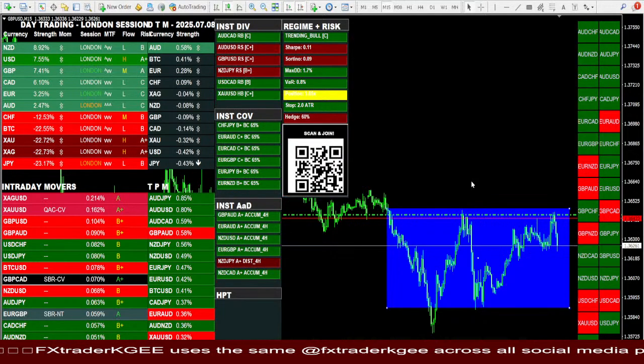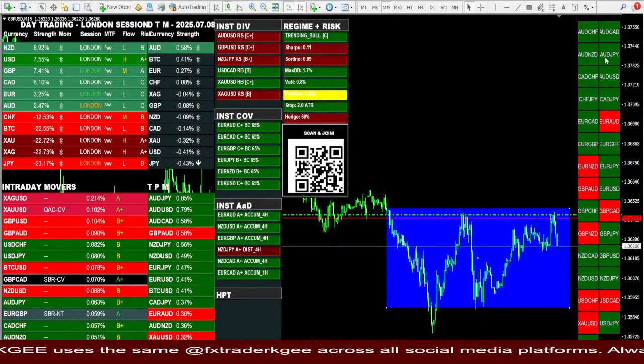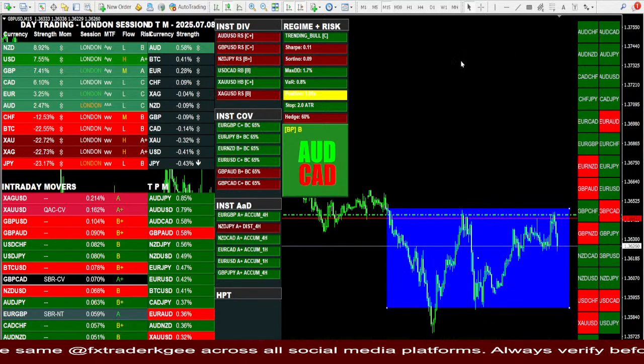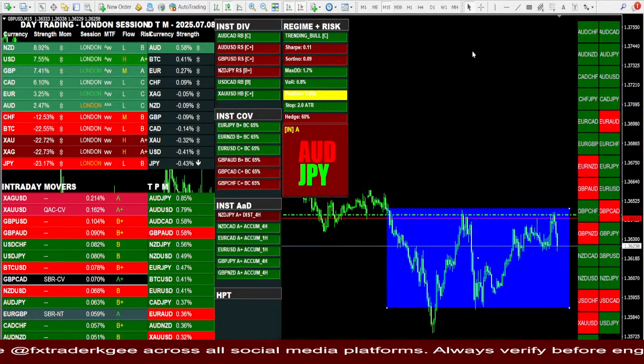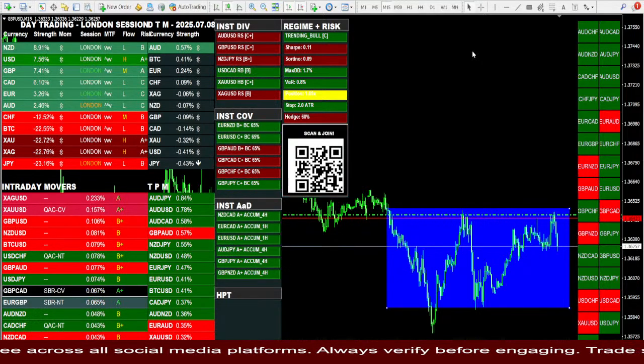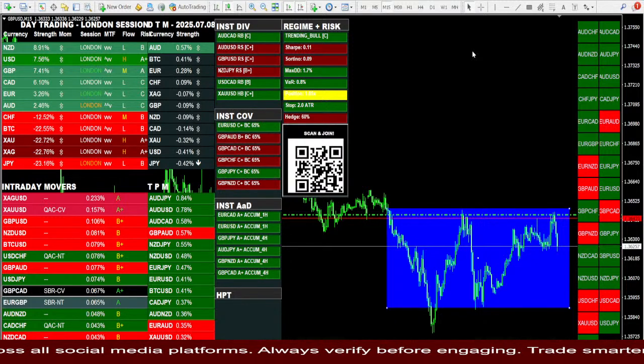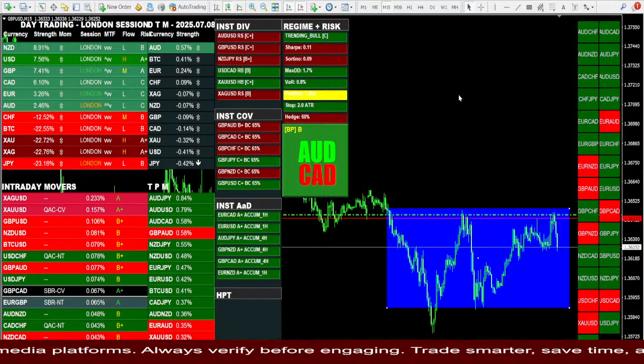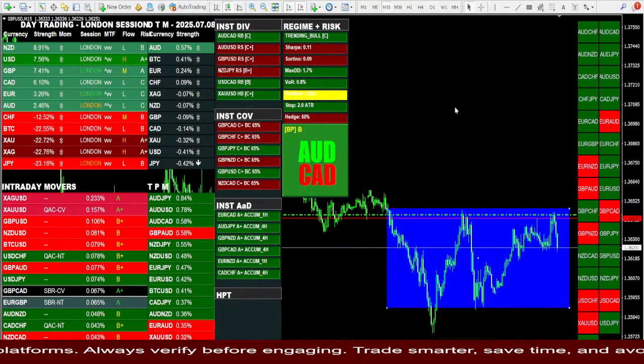Okay, and I'm also looking at a point. Although I currently have my eyes on this AUD JPY, I will be looking at when price might definitely fall. Might, I said might. Okay, because you get why.